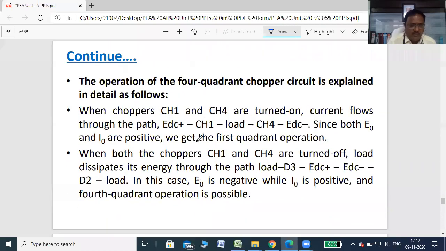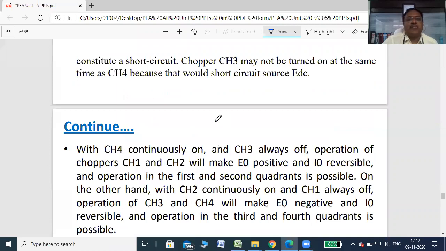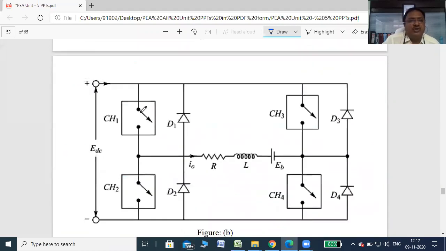Then the operation is very simple. When chopper 1 and chopper 4 are turned on, the current flows through the path EDC plus, CH1, load. We will go to the circuit: CH1 is on and CH4 is on, like your inverter circuit, which we already learned in unit number 4.